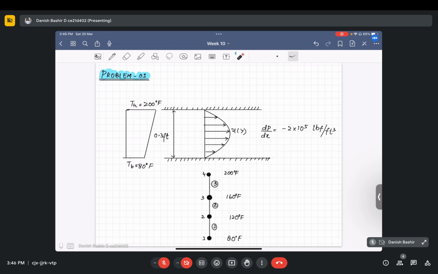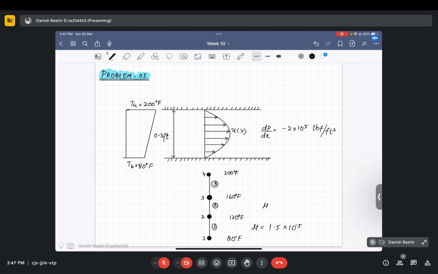And the viscosity is also varying in between these temperatures. Viscosity mu within this element is given data, 1 into 10 to the power minus 5.